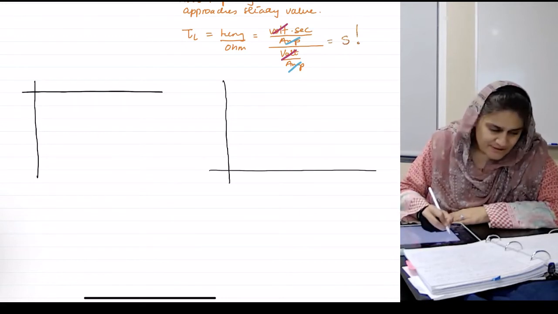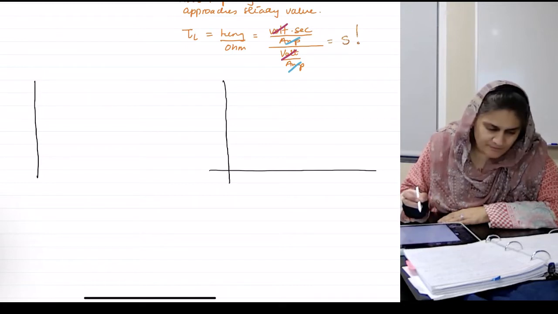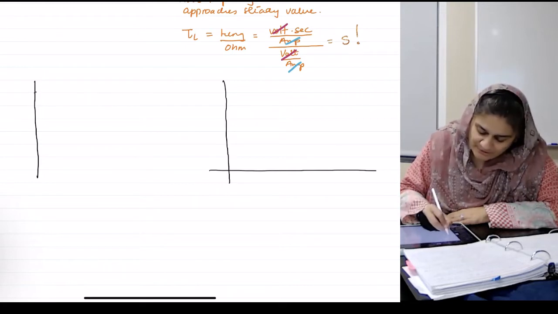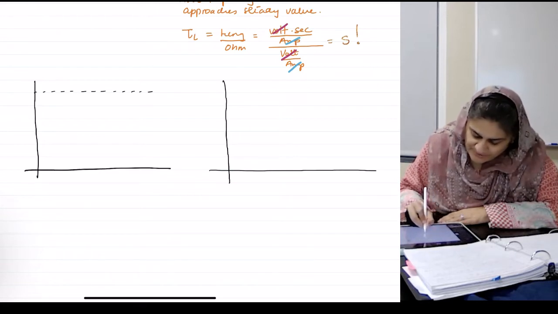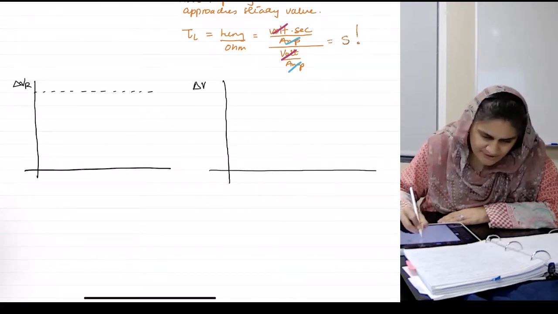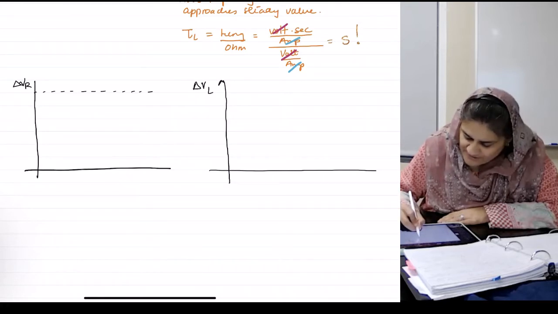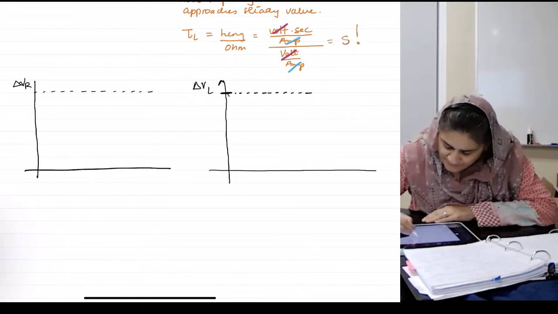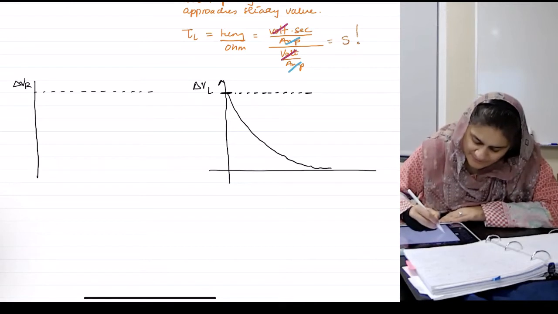Actually, let me do a dotted line here. And delta VR and delta VL. So if this is 10, this will look like this, and this will look like that.